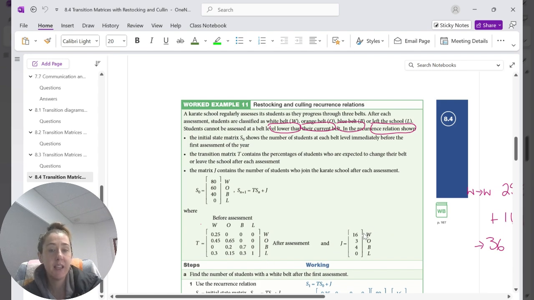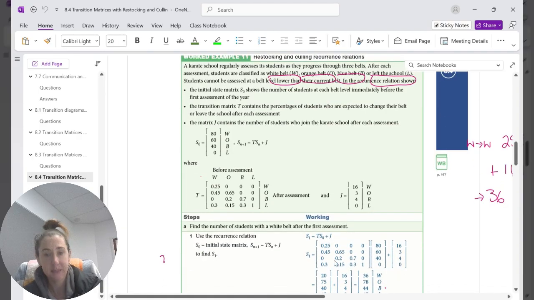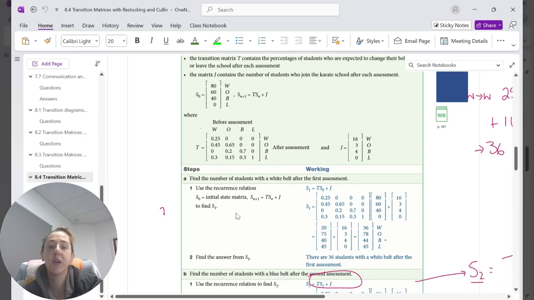This is who is joining after that first assessment. So 16 are going to join at white belt. We've got 3 joining who are orange belt, 4 joining who are blue belt, and none joining who are leaving, if that makes sense. Okay, so we're going to go through our first iteration. So we take our transition matrix.